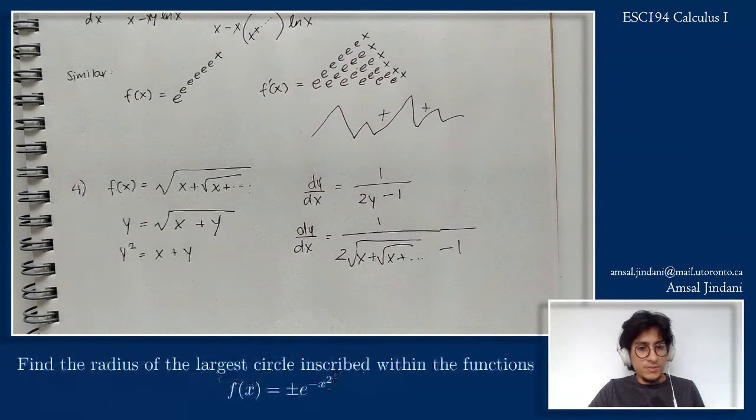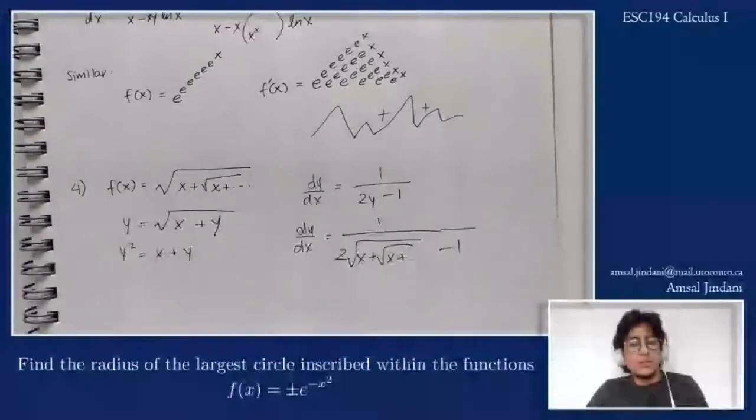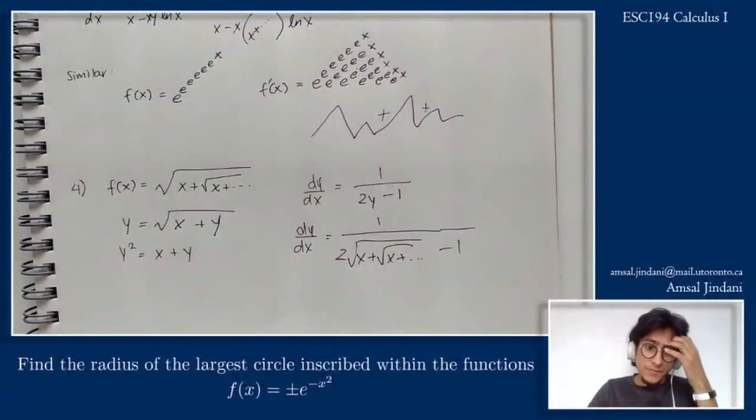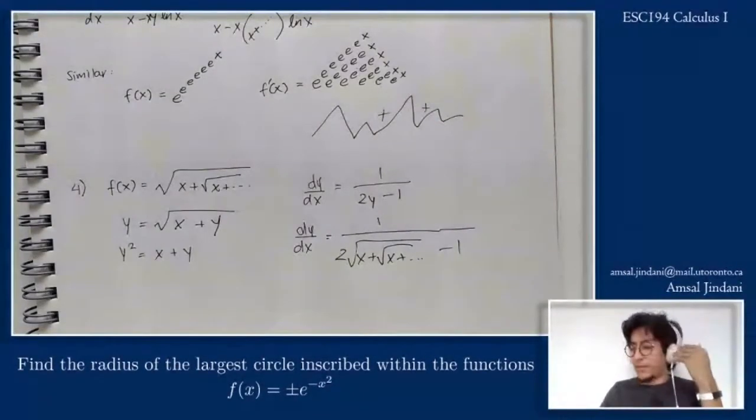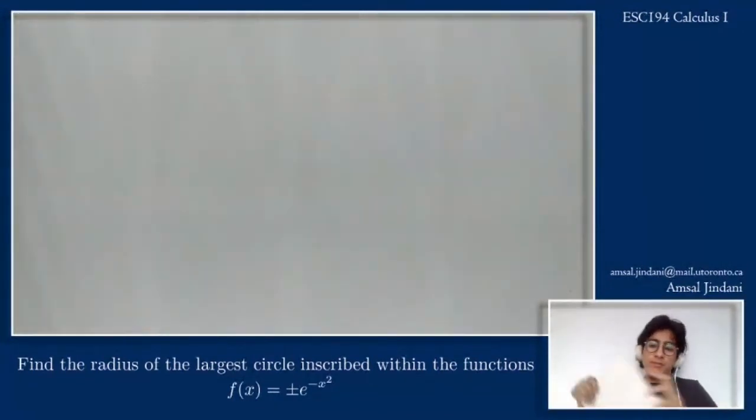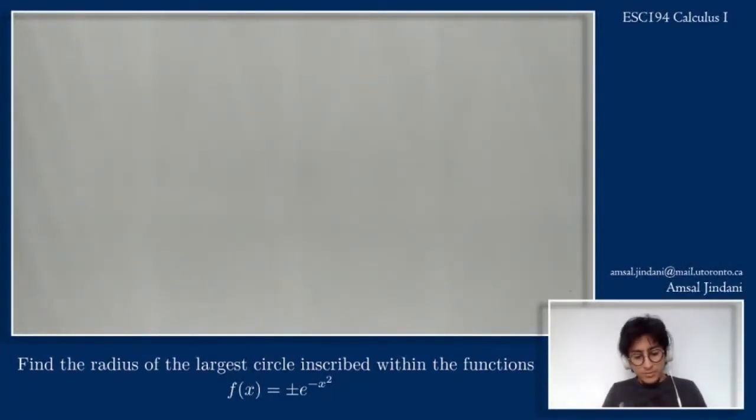Question 6. Find the radius of the largest circle inscribed within the functions f of x equals plus minus e to the minus x squared. All right, let me get a new page.